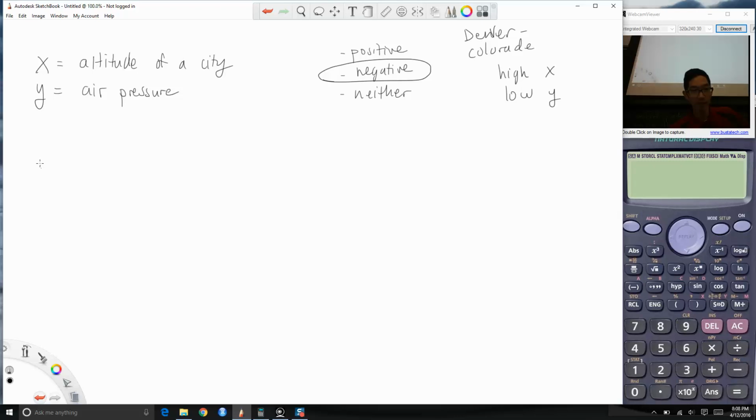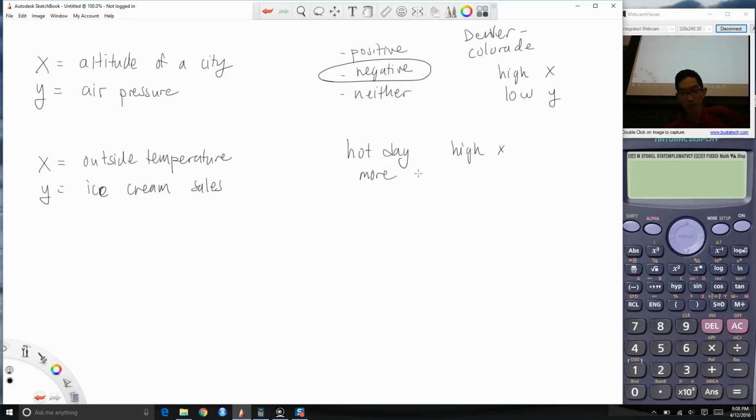Let's see. Say X will be outside temperature, and Y will be ice cream sales. What do you guys think? Positive, negative, neither? On hot days, so that will be high X, are we going to have lots of ice cream sales or less, or the same? Probably more, so we would expect more sales of ice cream.